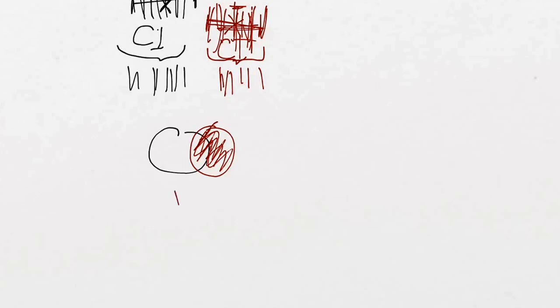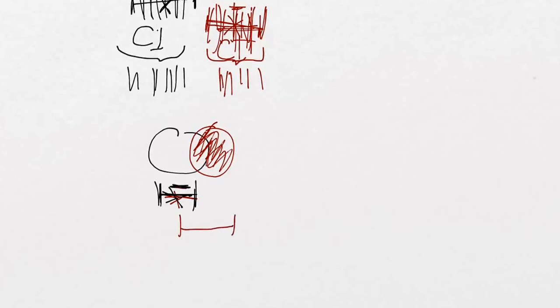So, if we have, for example, oops, that should be black. Let's say we've got a confidence interval like that for the black one, and we have a confidence interval for the red one like that.